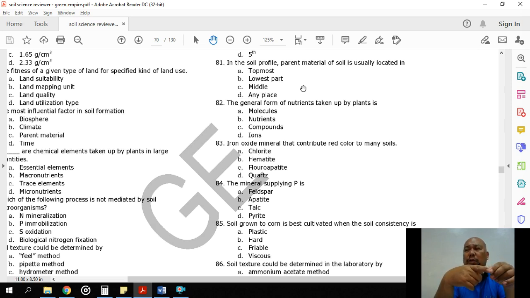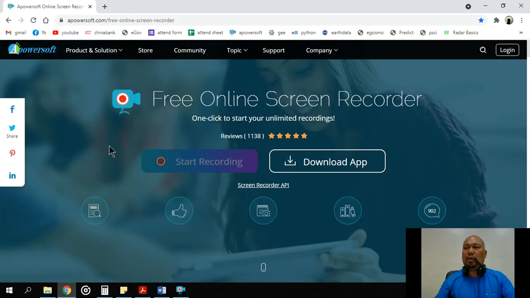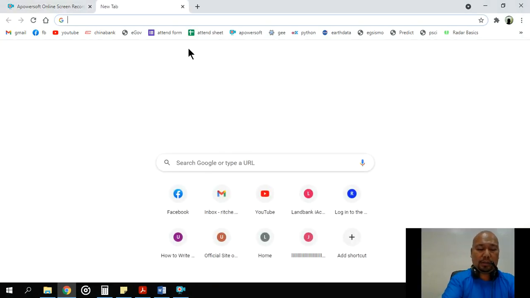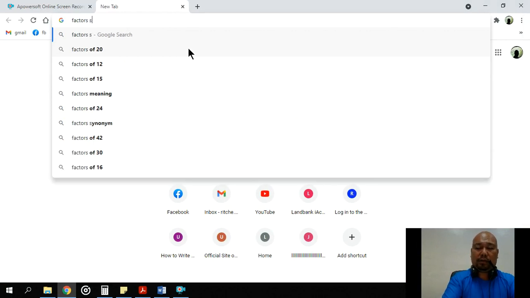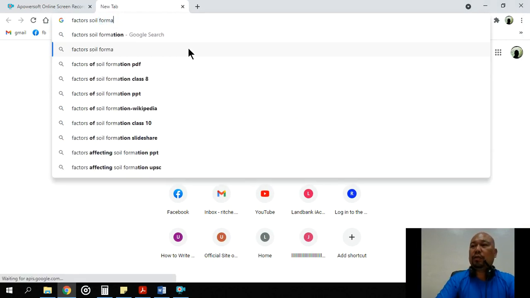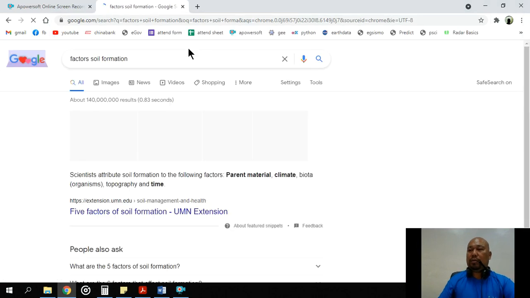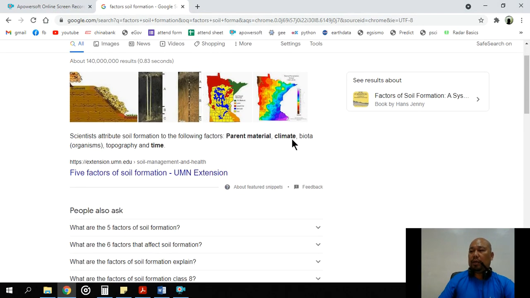And then what else, I forgot the others. So I think you can remember, there are 4 or 5 factors of CLORPT: climate, landscape or relief. Okay, let me look it up. Factors of soil formation. Okay, climate, biota, organisms, topography, time, topography or relief.